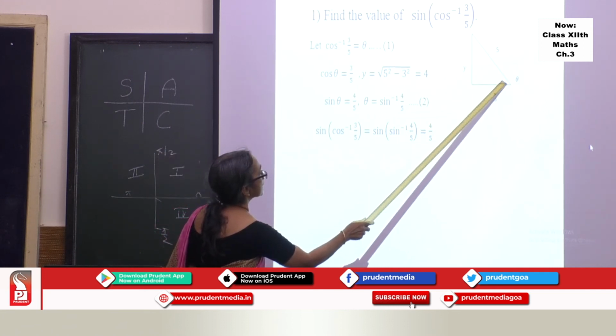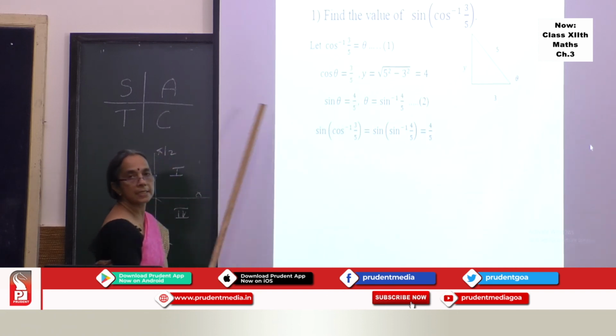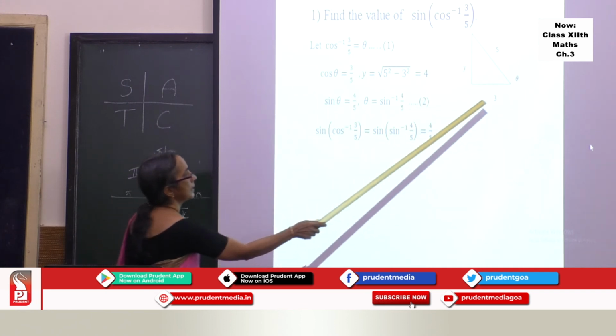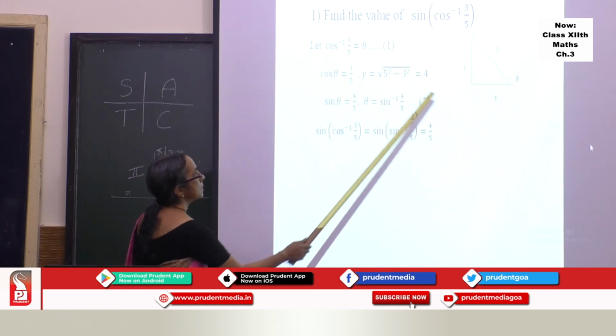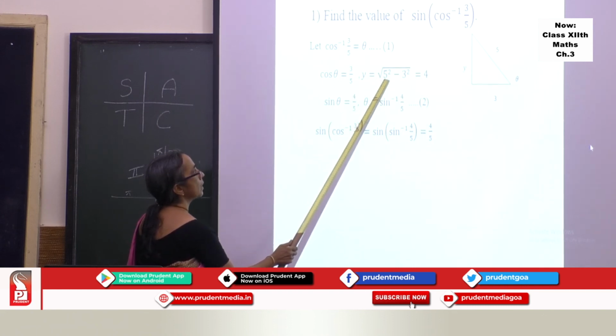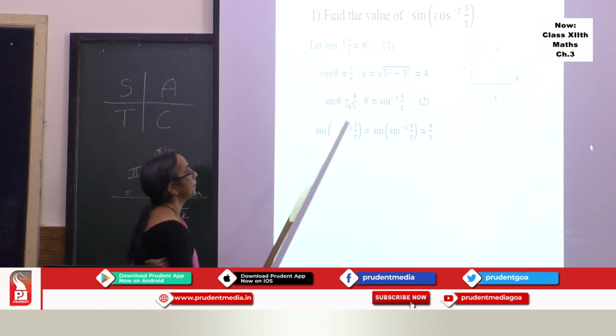This angle is theta, and you know cos theta is adjacent upon hypotenuse. So let me take the opposite side as y. By Pythagoras theorem, y is equal to the root of 5 square minus 3 square, which is 4.